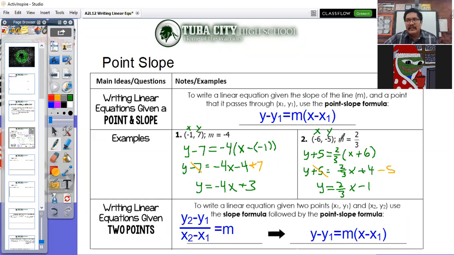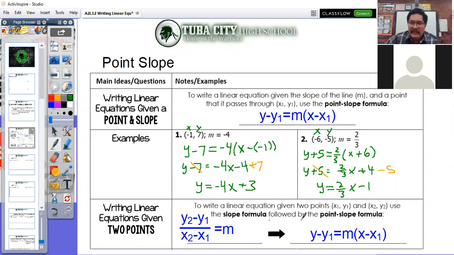So having the slope really helps out a lot, because once we have the slope, we can put it into our point slope formula. Now, when you're given 2 points, you're going to have what I call group 1 and group 2, because each ordered pair is 2 numbers. Use the slope formula followed by the point slope formula. So use this here: y2 minus y1 over x2 minus x1.